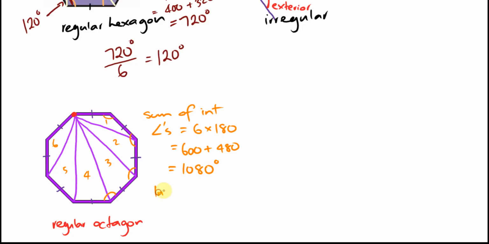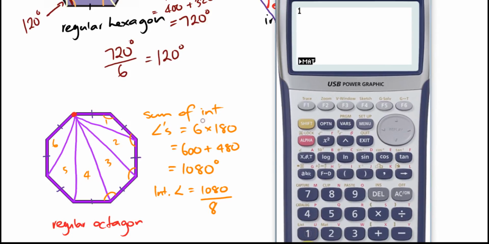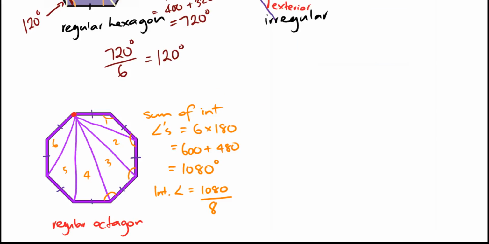So one of the interior angles would be equal to 1080 divided by 8. So let's just quickly grab our calculator and do that calculation. So 1080 divided by 8 is 135. So one of the interior angles will be 135 degrees.